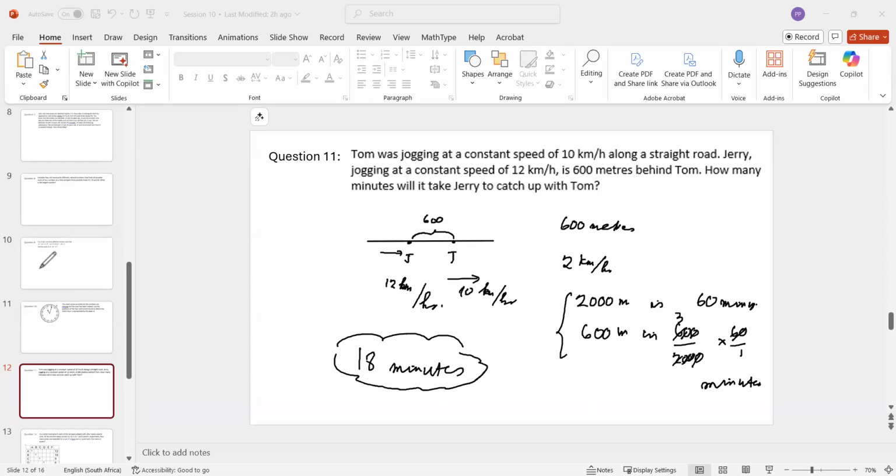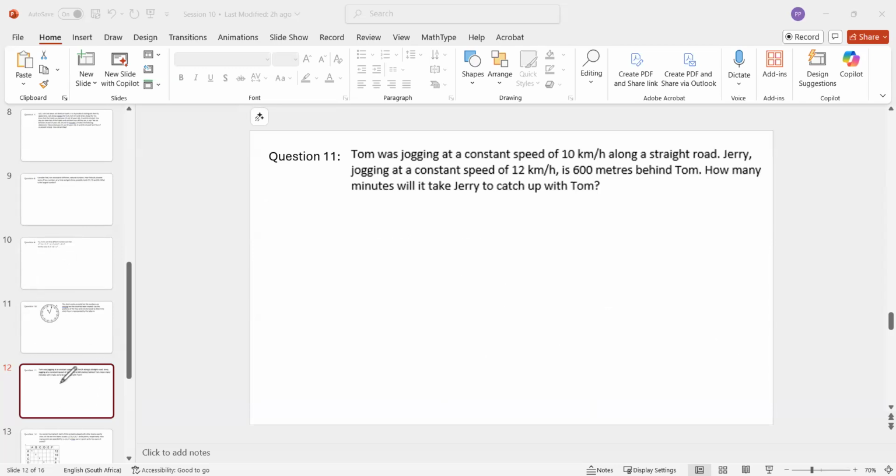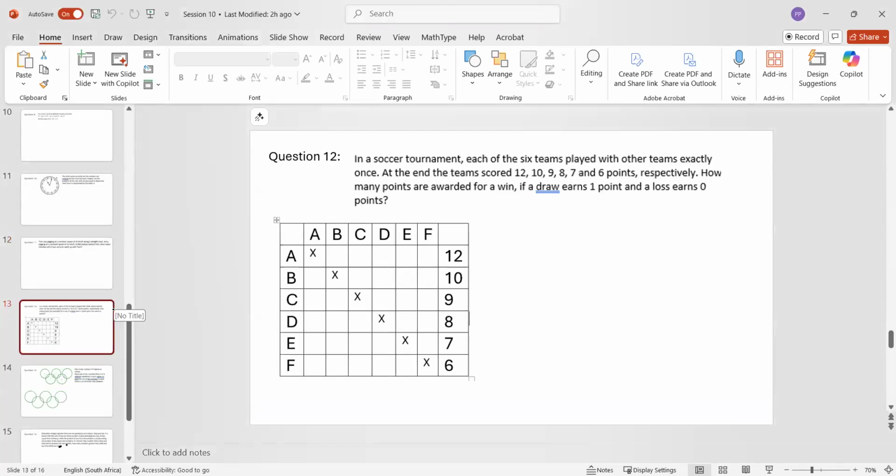Okay, so the next problem, that wasn't a very difficult problem. The next problem is this one. In a soccer tournament, each of the 6 teams played with the other teams exactly once.